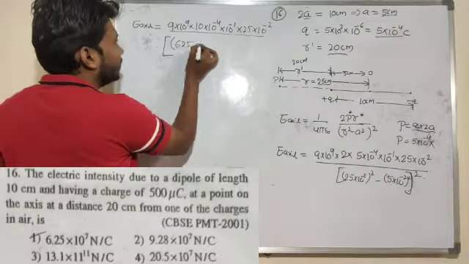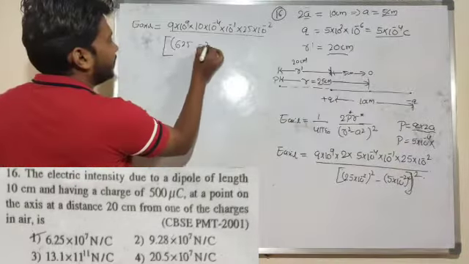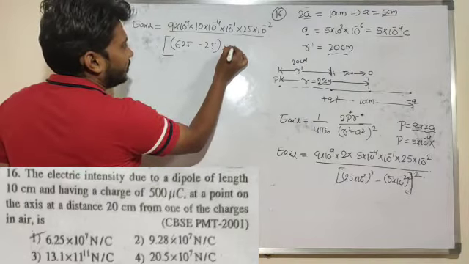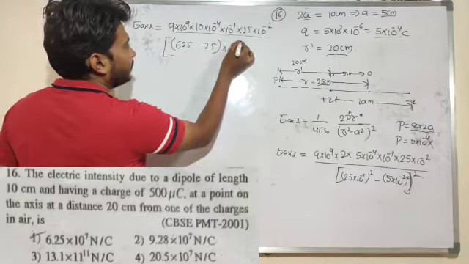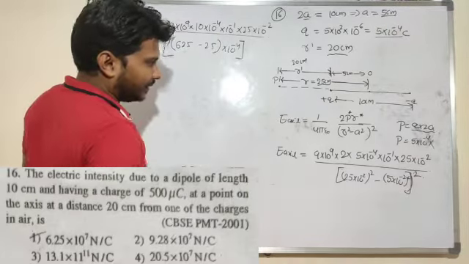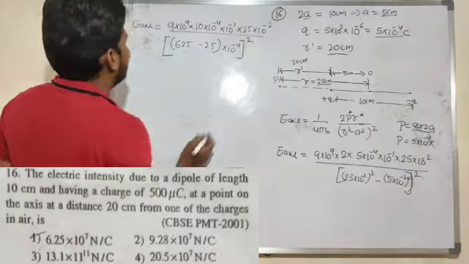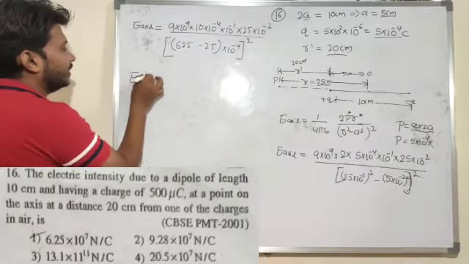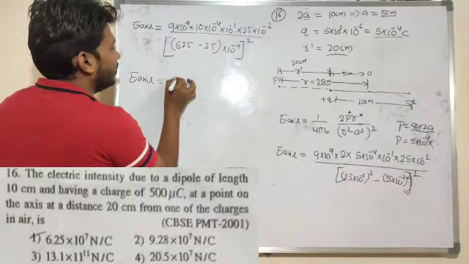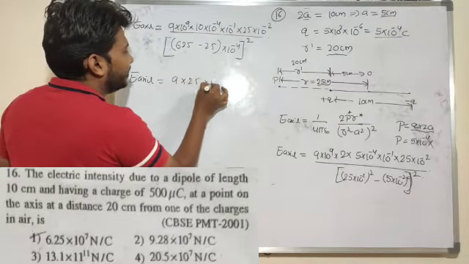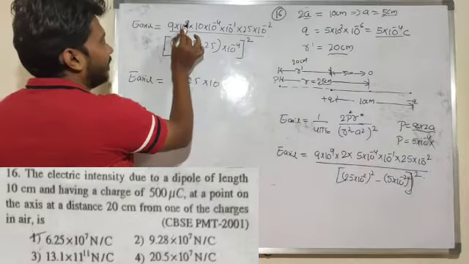625 minus 5 into 5, 25. 10 to the power of 2 minus 2 whole square, 10 to the power of minus 4 here, so that is whole square. So look at here, electric field at axial line is equal to 9 into 25 into 10 to the power of 9.